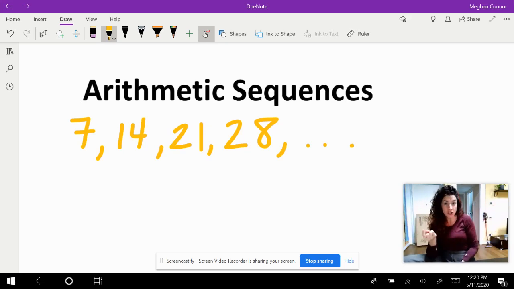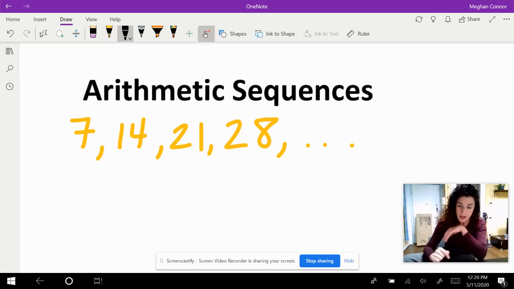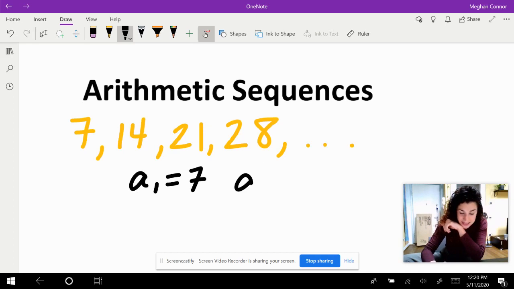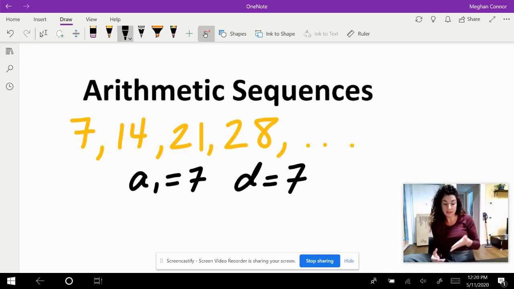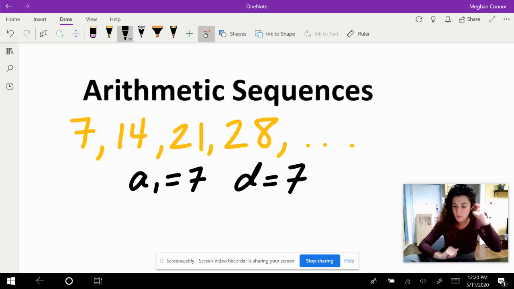Your first term, your A sub 1 or X sub 1 or U sub 1, however we choose to define it, is 7. Your common difference is also 7. Common difference is the phrase we use for the number that you're adding or subtracting every single time. So here, A sub 1 equals 7, and D for common difference is also 7 for two different reasons. 7 is the first term, and then we're adding 7 every time, so two different versions of 7.